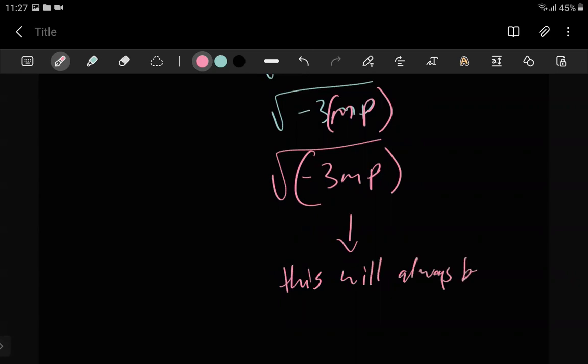As long as this is always negative, it means we will always be putting a negative under a square root, and we know that we'll always have no solution. You see? Okay.